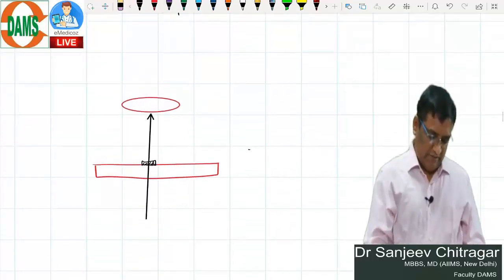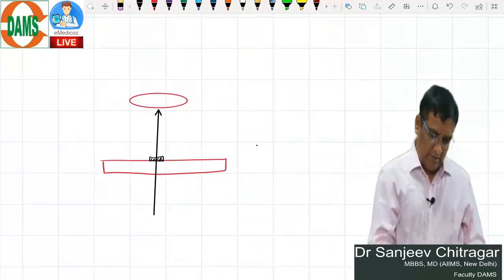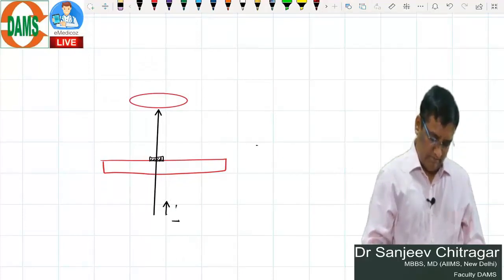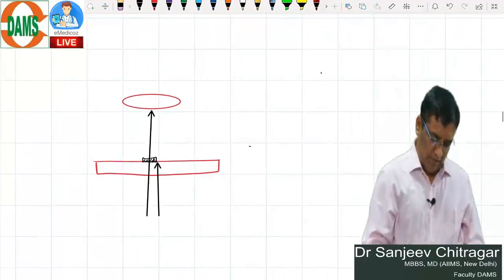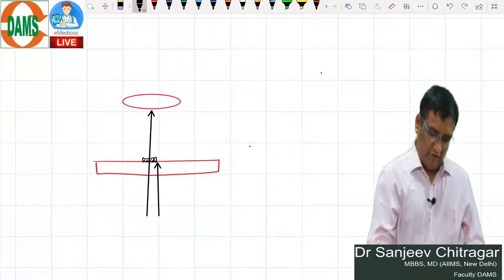Let me draw multiple rays so that we understand this better. This is one more, and let me draw one more here as well. All of them will not pass straight.